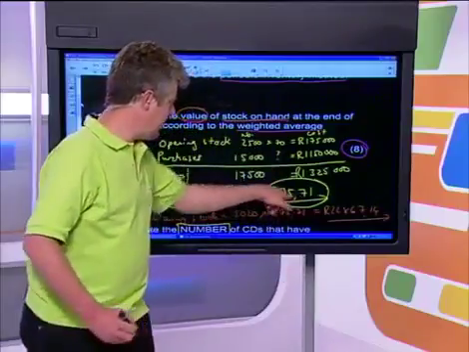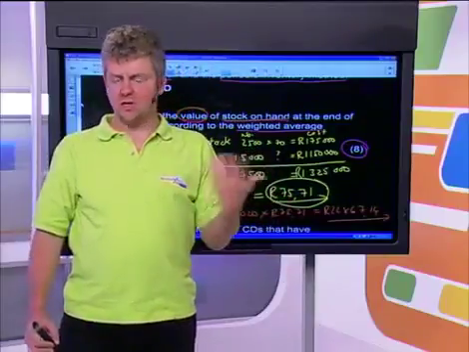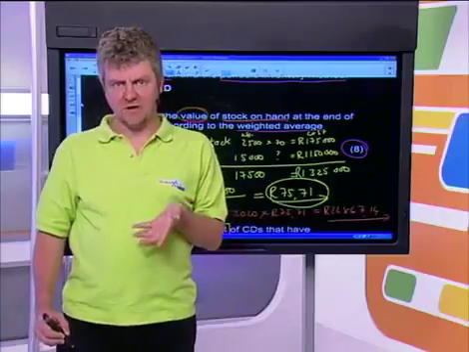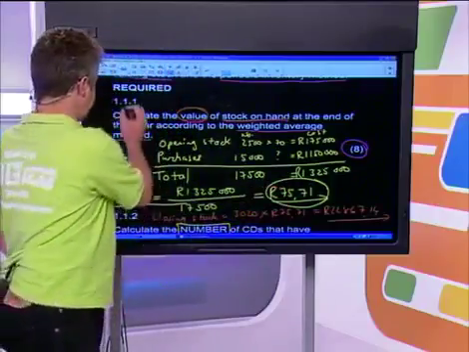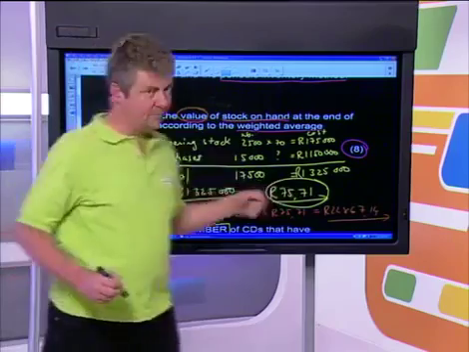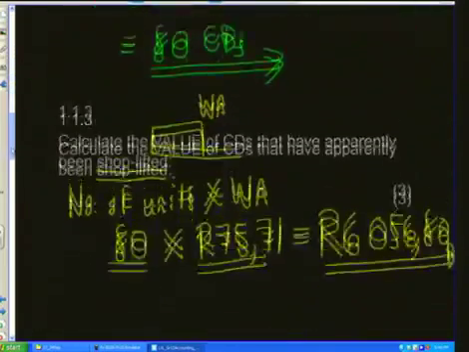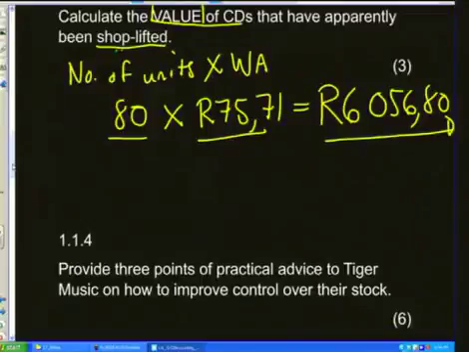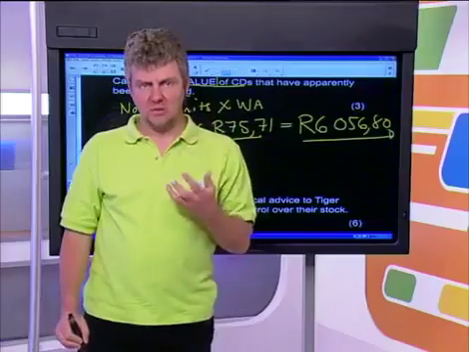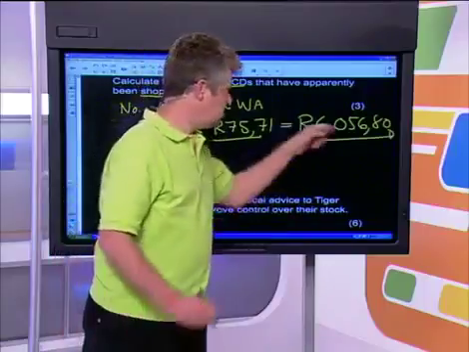So whatever number you calculated here, let's say you made a mistake and you got 72 Rand instead of 75 Rand. The examiner is going to check that your answer in 1.1.1 was carried through to your next question, and that you multiplied whatever number you calculated as the weighted average by 80 to get an answer.